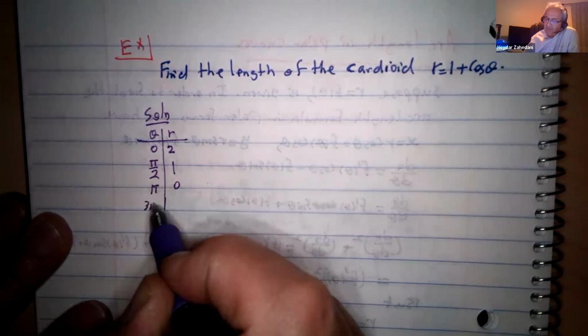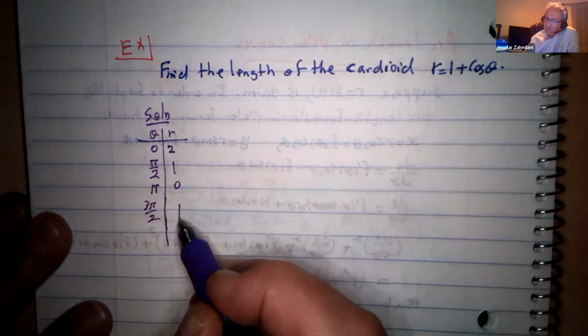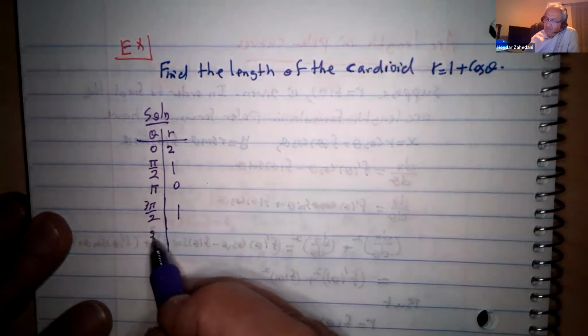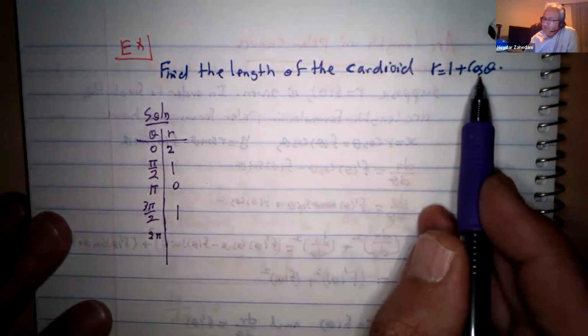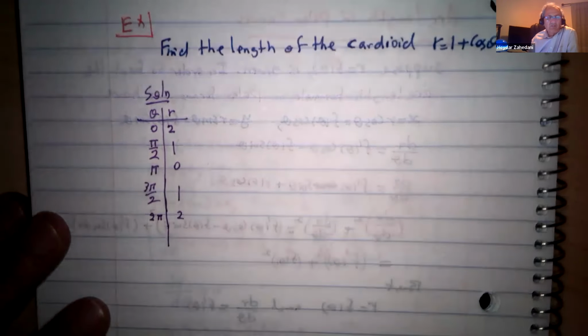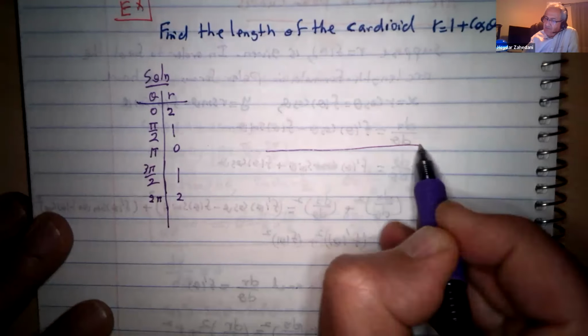And if you replace it by 3 pi half, cosine of 3 pi half is 0, so that gives you 1. And if you go with 2 pi, cosine of 2 pi is 1, and 1 plus 1 is 2.